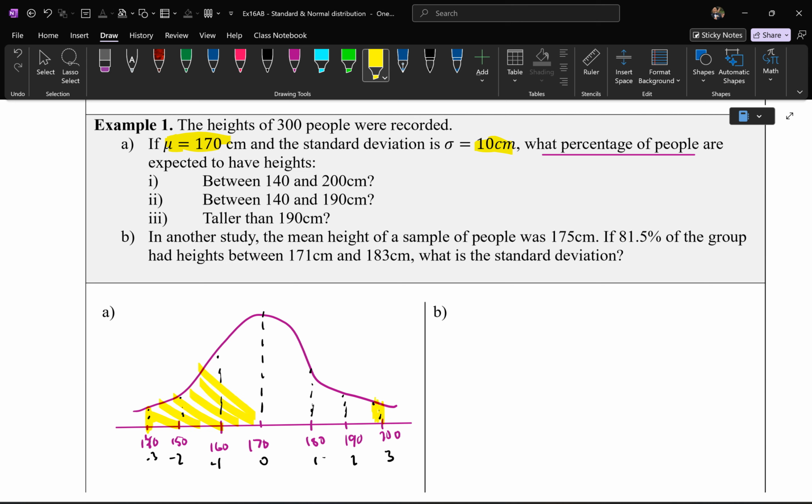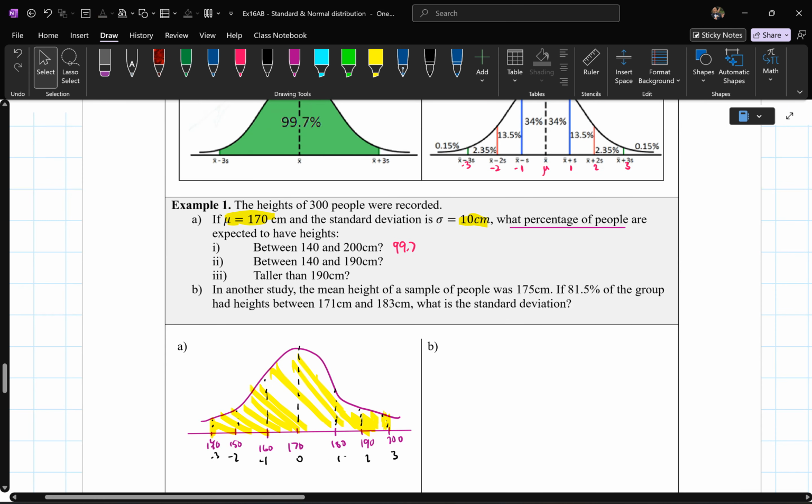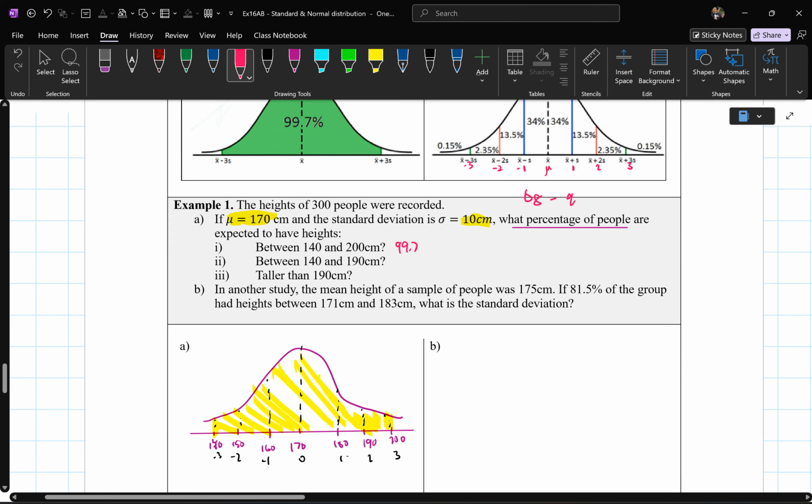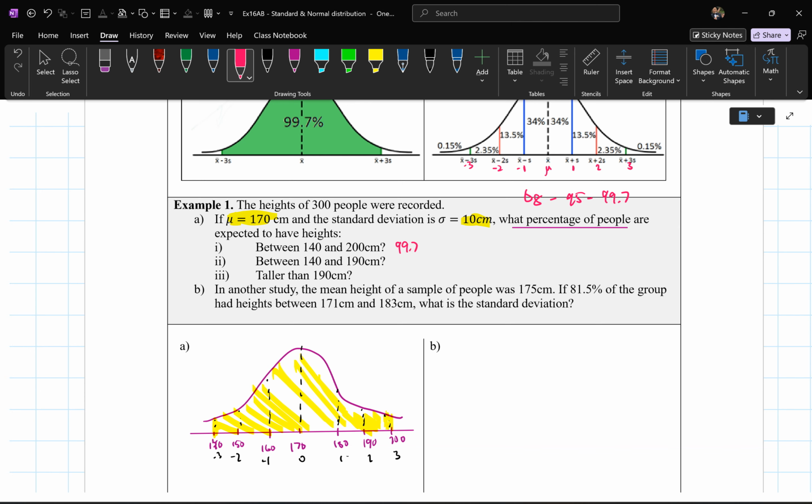So you're asking, all these people who sit between there, what would the percentage be? That's really just 3 standard deviations to the left and 3 to the right. So what's the percentage? 99.7. Very good. You just have to remember 68, 95, 99.7. That's what this property is.